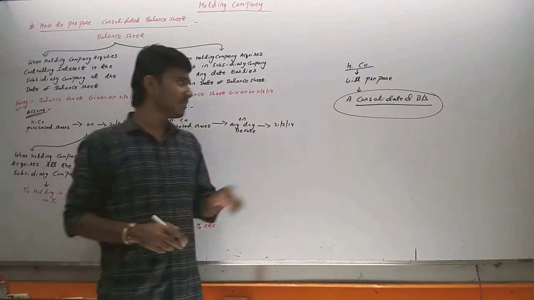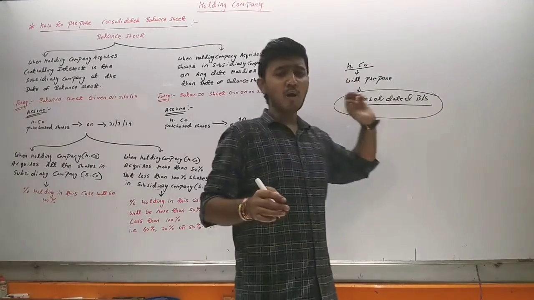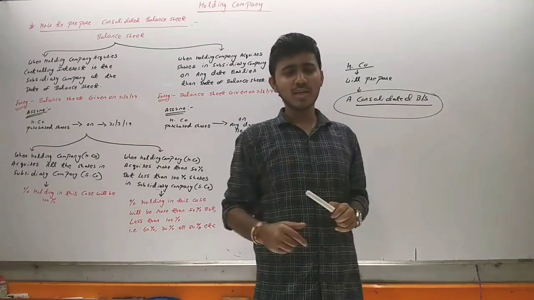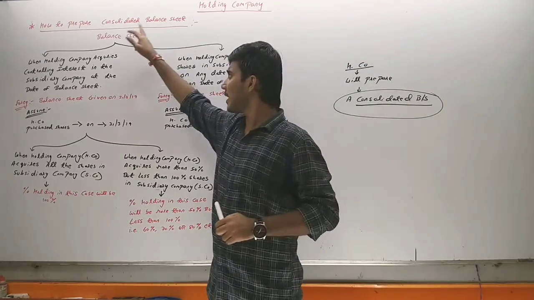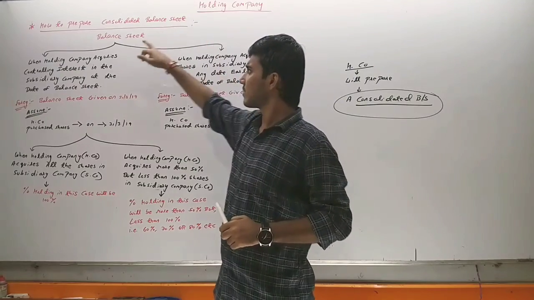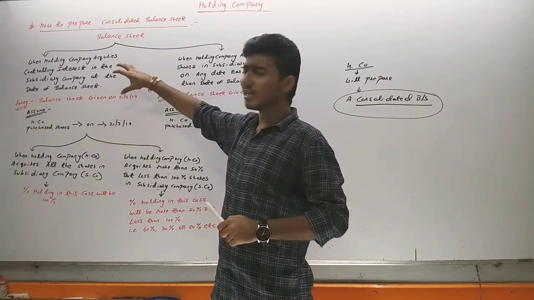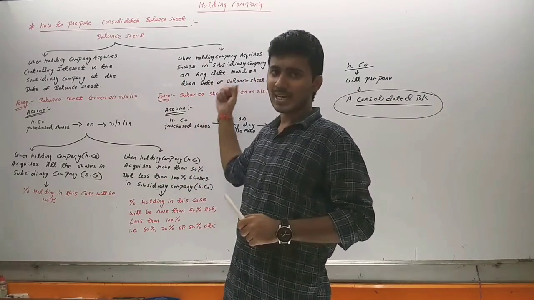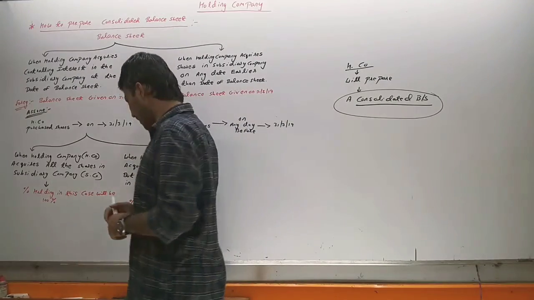But the question comes: how will the holding company prepare the consolidated balance sheet? So here is our topic, how to prepare consolidated balance sheet. Here there will be two cases. First we will see the first side, then we will come to the second side. What is given on the first side?